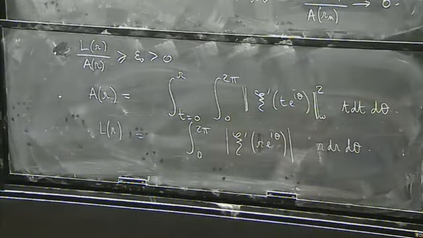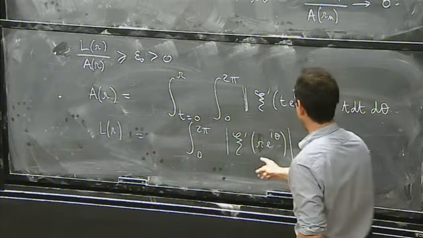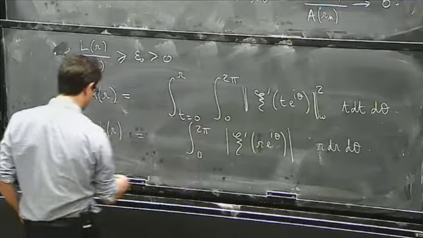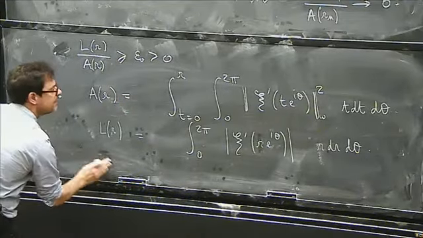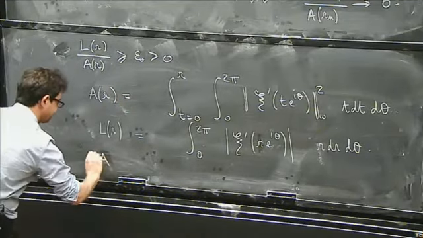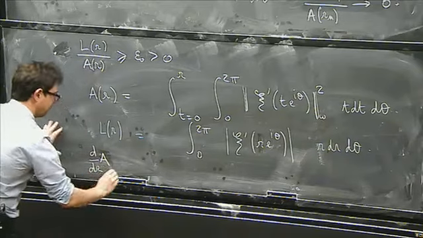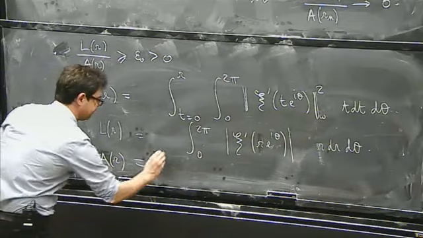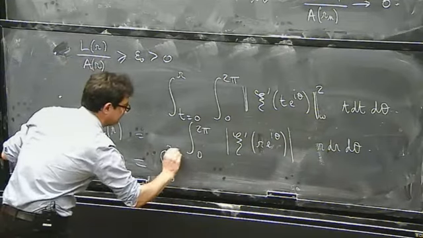Let me do it. Okay, so let me do one computation. So if you take the derivative of A with respect to R, you take 2 pi.